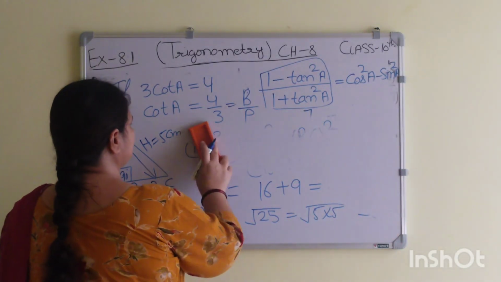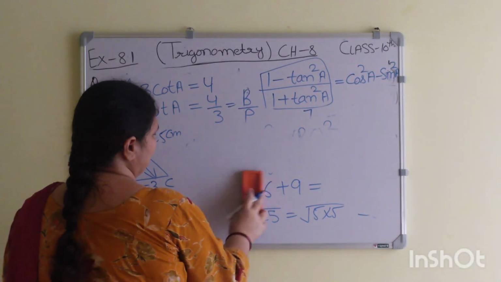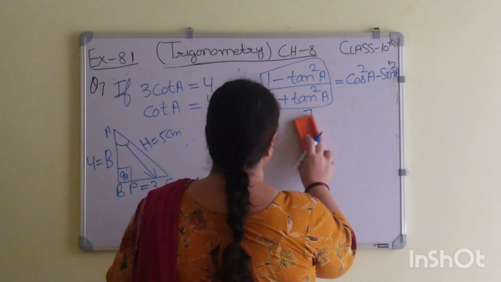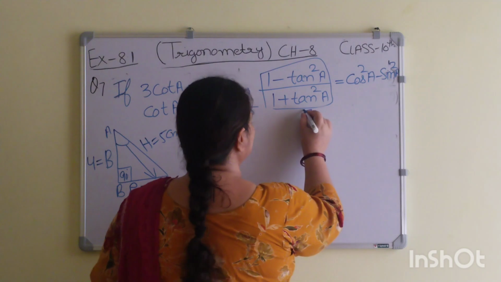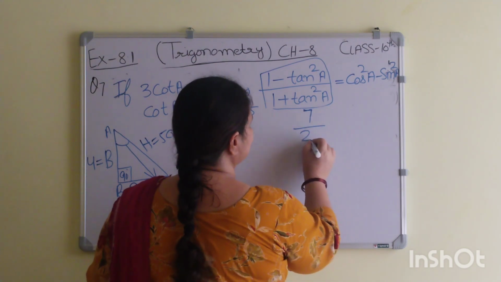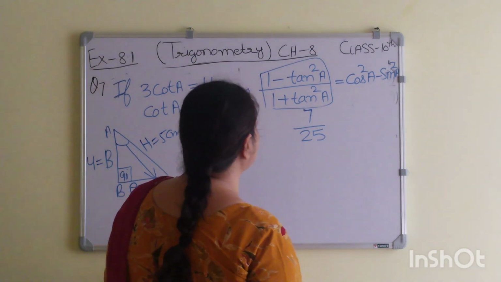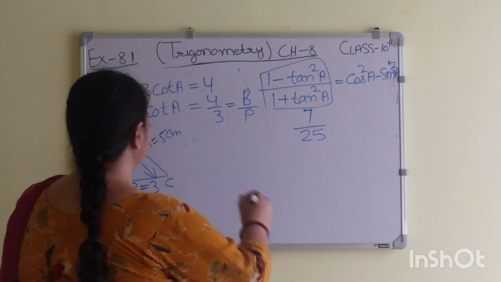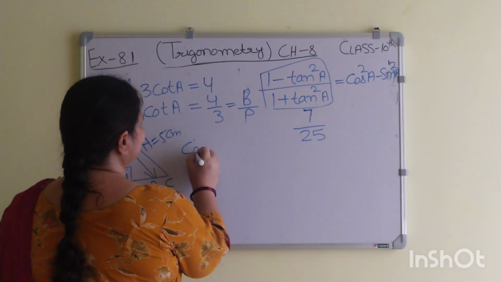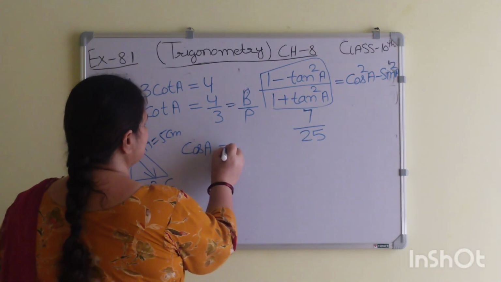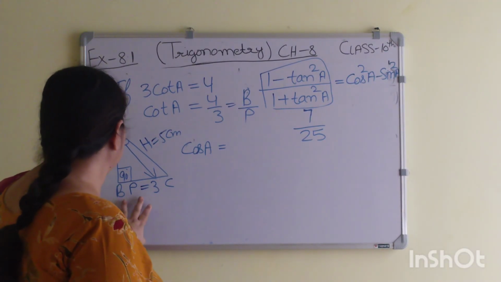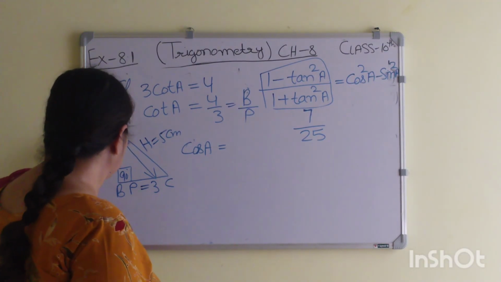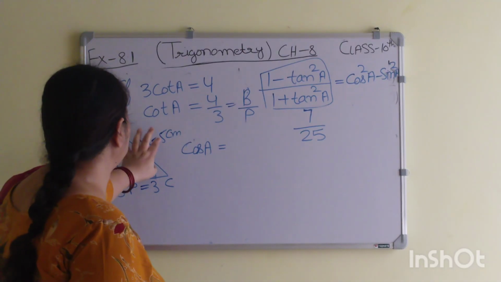Now first we write the value, which is 7/25. First of all, cos A will be base upon hypotenuse.